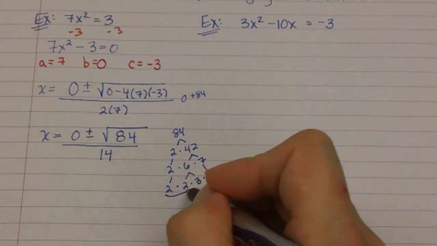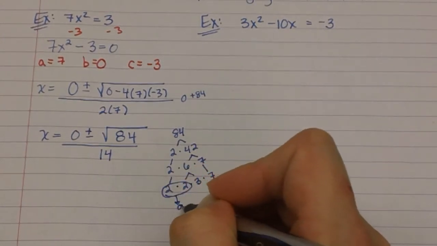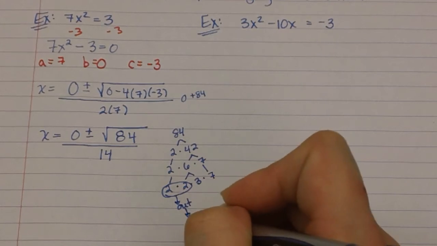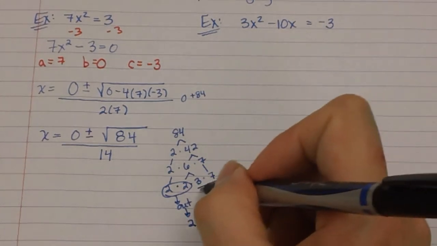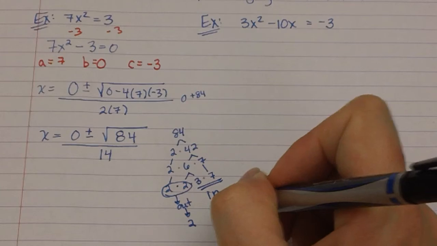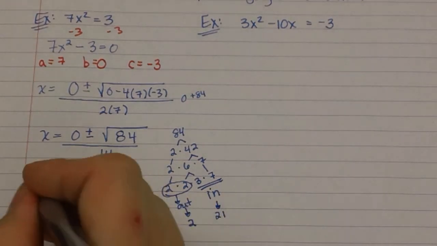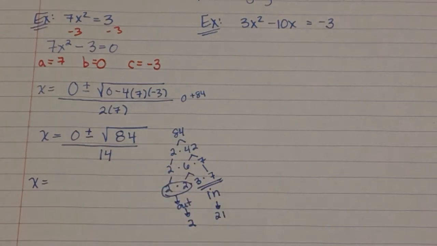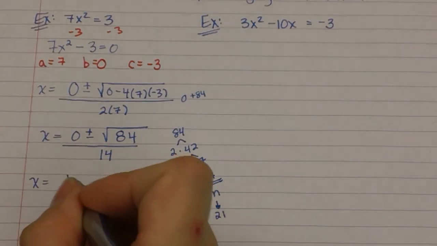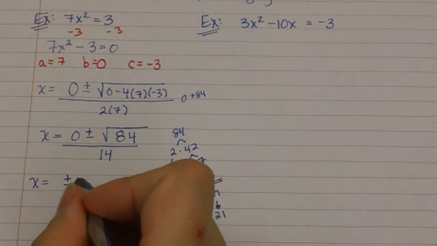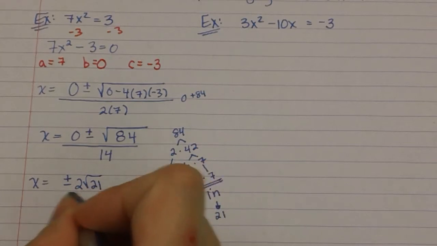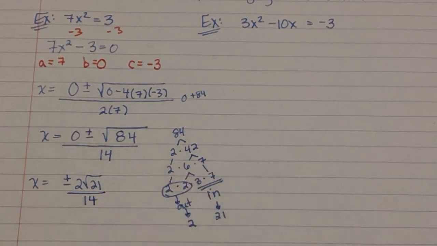So remember, we bring out pairs, so that will come out and be a 2, and this will stay in and be 3 times 7, which is 21. So this simplifies to 0 plus or minus, but the 0 doesn't change the value, so it's really just plus or minus 2 square roots of 21 over 14.